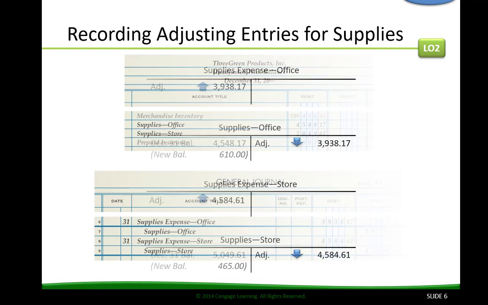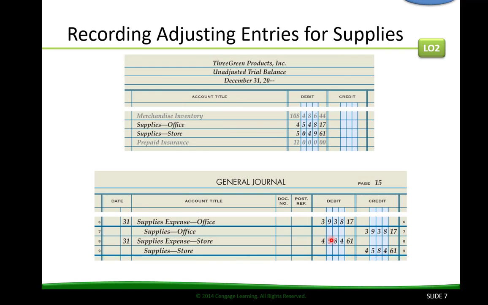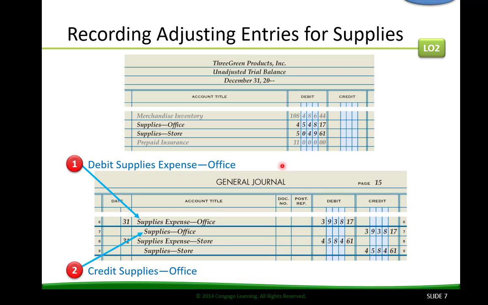This number comes from the difference between what's actually on hand and what we said we should have had on hand. Actually on hand is going to be given to you. And you will always debit the expense account and credit the asset account, which is your supply account.